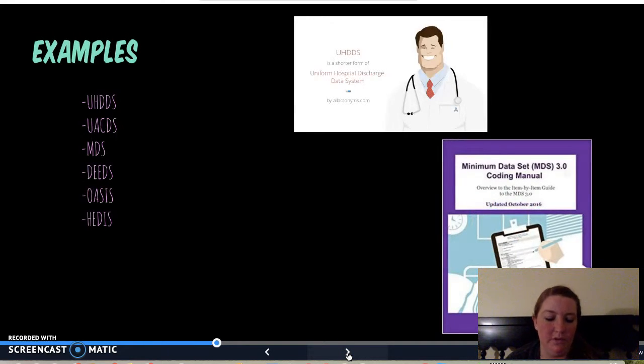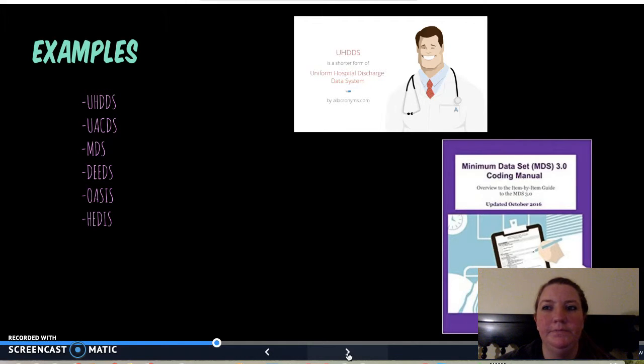Some examples of healthcare data sets are the UHDDS, which is the Uniform Hospital Discharge Data Set. It's an initiative of the Department of Health, Education and Welfare. It was first implemented in 1974 and has since undergone several revisions.